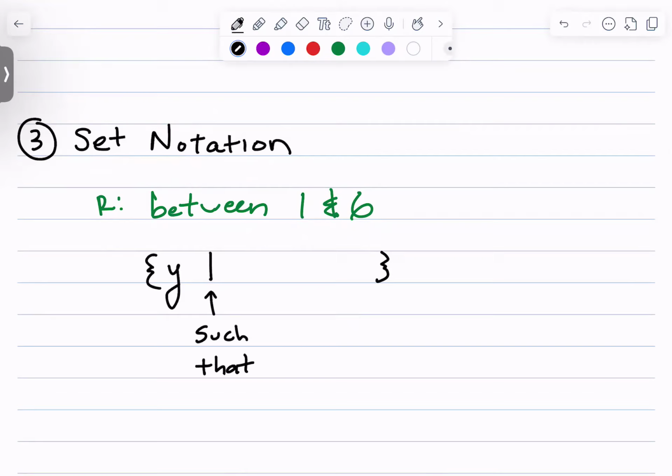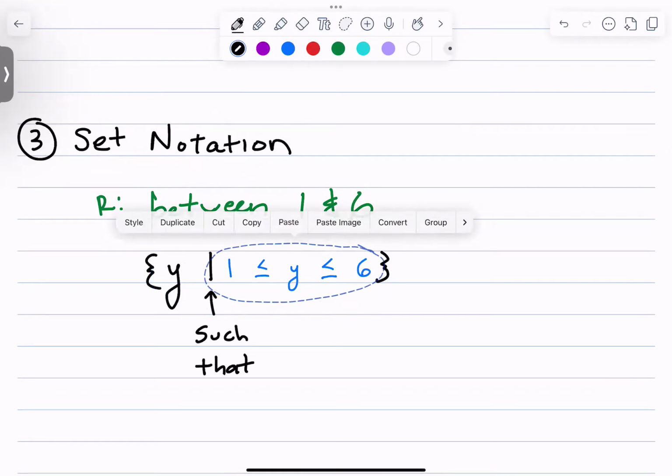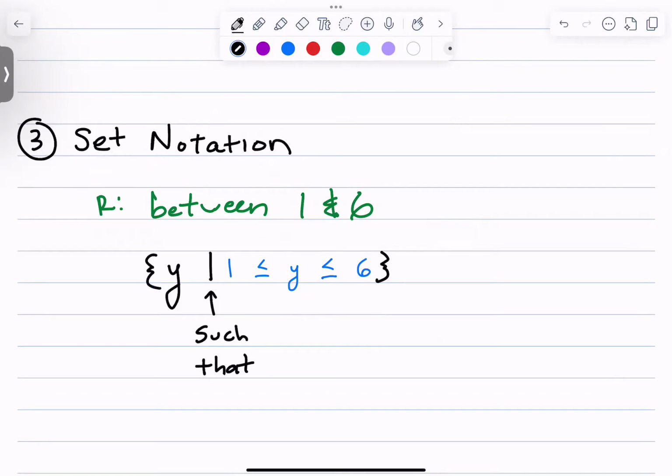So y has a value such that, copy and paste, where y is between and can equal 1 and 6. Because you're going to plop your inequality right in there. Simple? Easy? Questions?